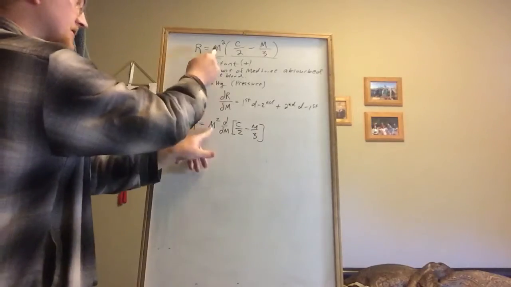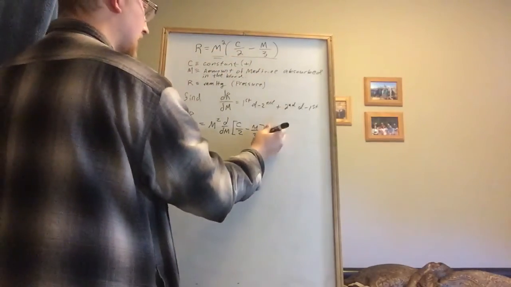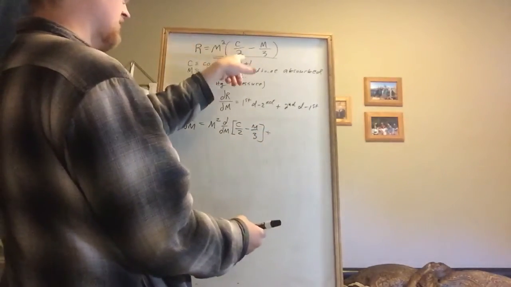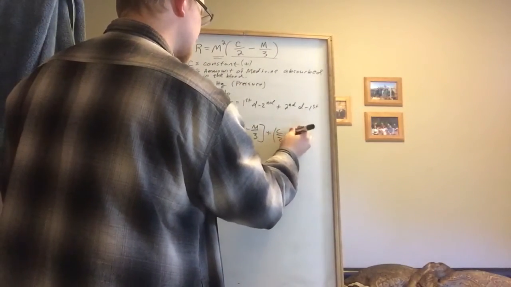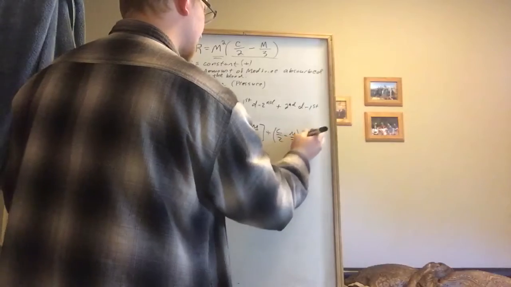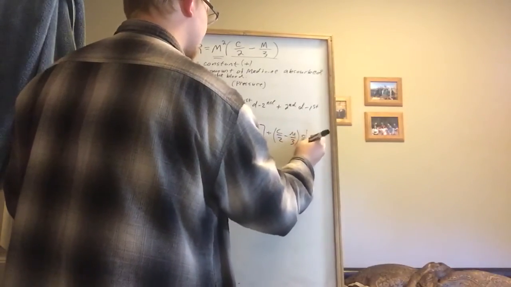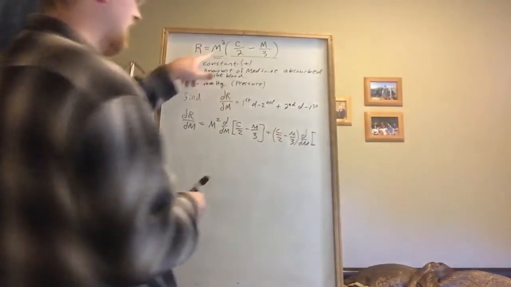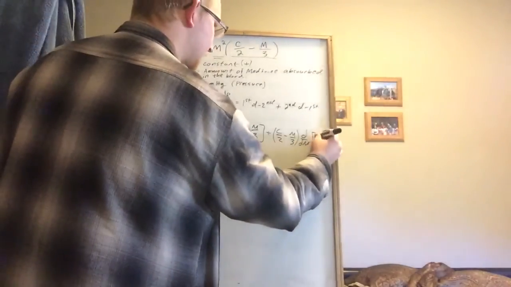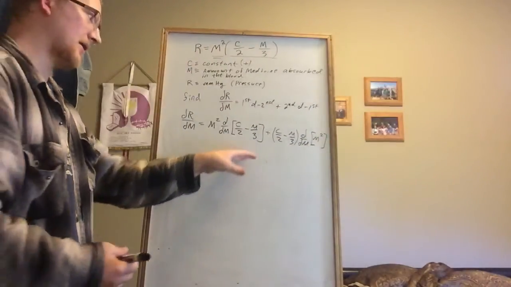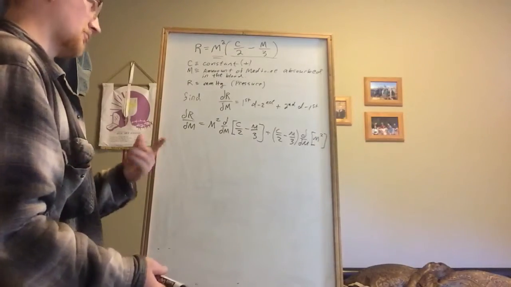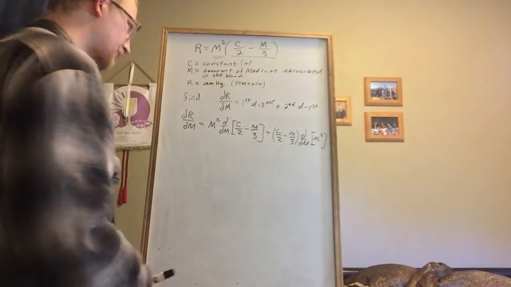So there's the first d second plus second, which is c over 2 minus m over 3, and then d first, that's the derivative with respect to m of m squared. And now we have our framework line laid out for the product rule, so we'll just take our derivatives now.